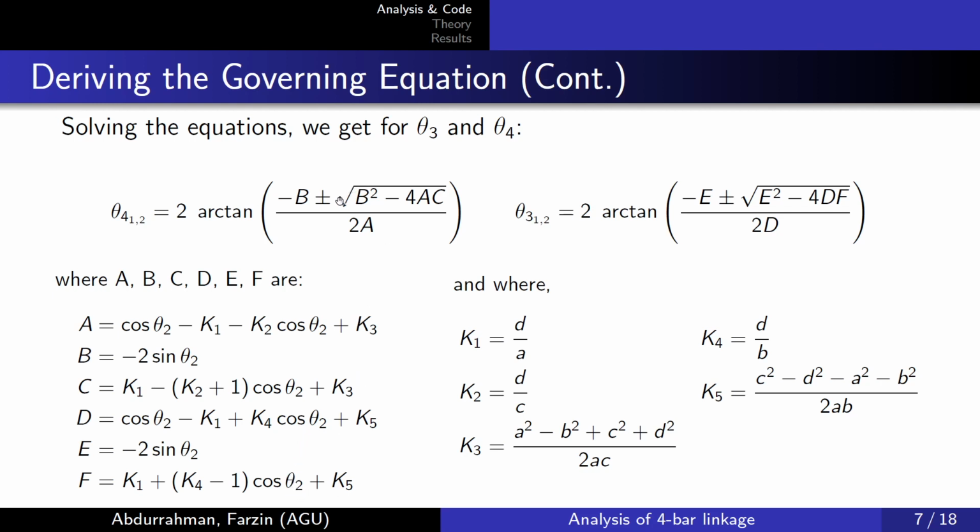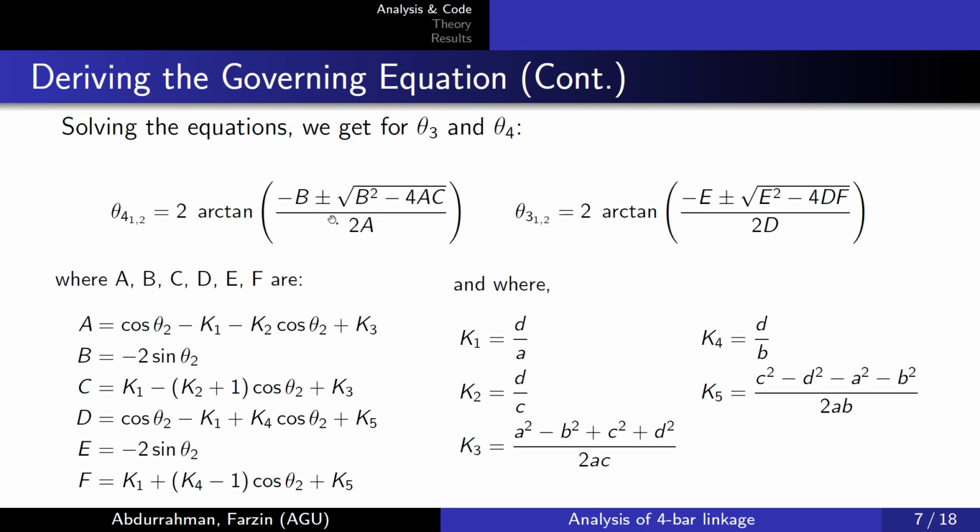Something important to note is that we have here a plus minus, and thus we have two solutions for each angle. Those signify two different configurations of the linkage. One is open and one is crossed, and both of them are physically applicable, so we could use either of those depending on how we assemble the mechanism at the beginning.